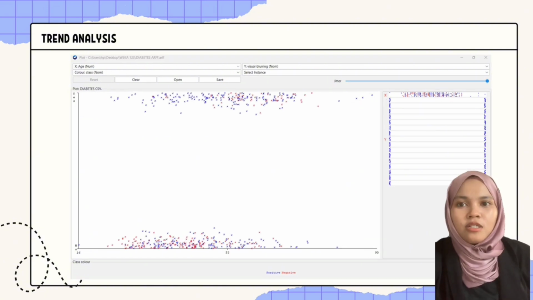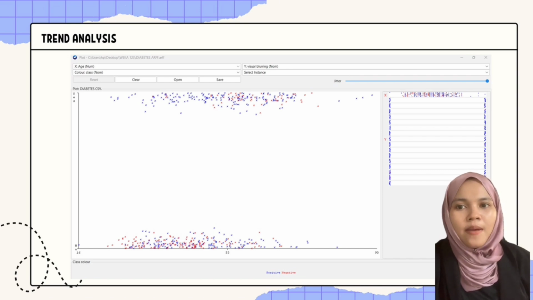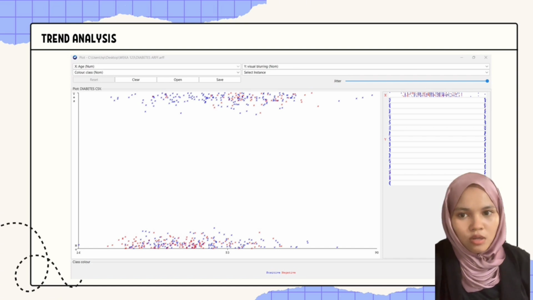The next figure shows a trend analysis of early stage diabetes risk prediction between different age groups and presence of visual blurring. It analyzed the data between the age group of 0 to 52 years old and 53 to 90 years old, and whether subjects reported having visual blurring symptoms or not.